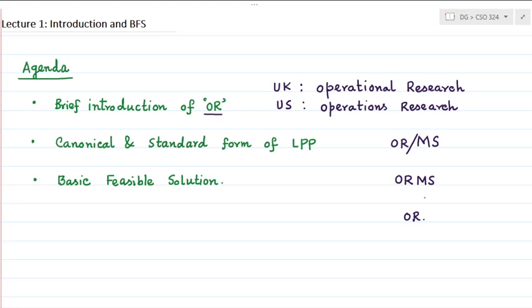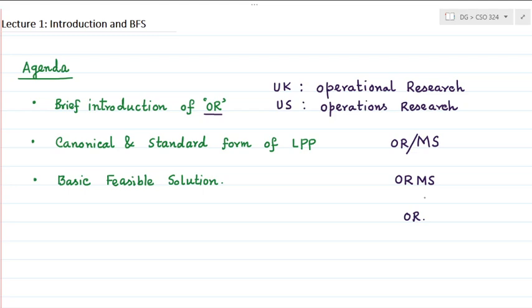The main purpose of OR is to provide a rational basis for decision making in the absence of complete information, because systems composed of humans, machines, and procedures may not have complete information.